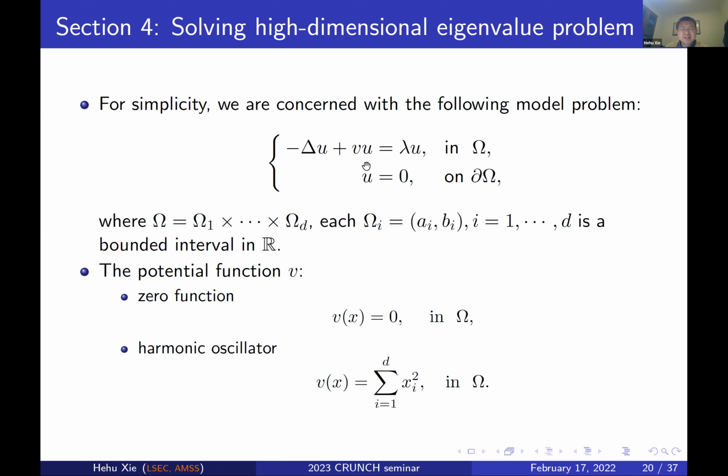The only other thing is the potential, so you can also delete this. So there's not any other things, it is only an eigenvalue problem. But here we consider some types of potential functions, for example the zero function, which is very good, and the harmonic oscillator from the physical field. Both these examples have the exact eigenvalue and eigenfunction.